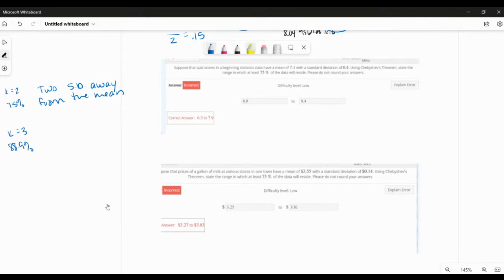All right, so this problem says, suppose that quiz scores in a beginning statistics class have a mean of 7.1 with a standard deviation of 0.4. State the range in which at least 75% of the data will reside. Okay, so we have 7.1 in the middle. I need to add 2 standard deviations, and then I need to subtract 2 standard deviations.